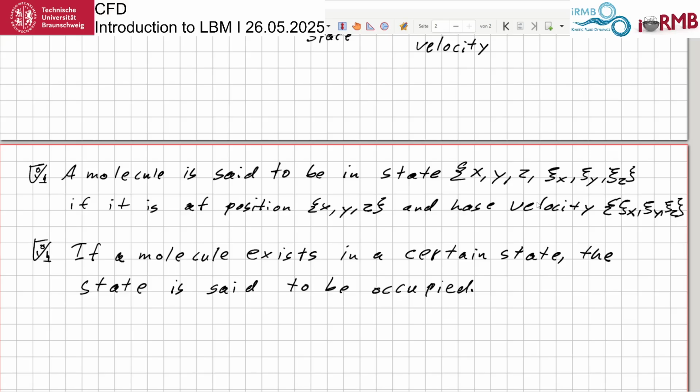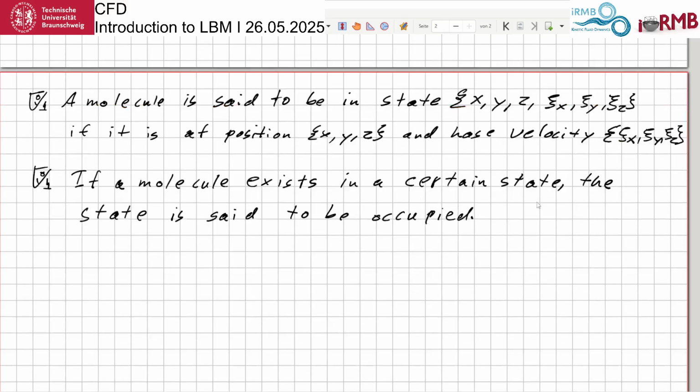So then, what is the actual probability? Now you need to know a little bit about statistics to understand this. I hope you may have had some statistics previously. If not, okay, we don't need a lot.